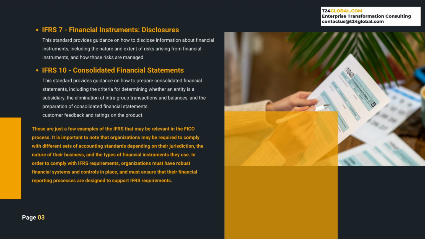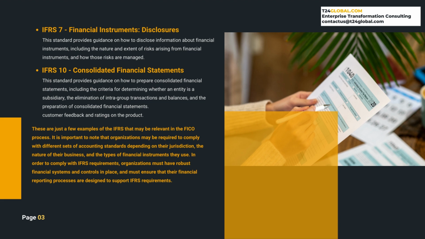6. IFRS 10 for consolidated financial statements. This standard provides guidance on how to prepare consolidated financial statements, including the criteria for determining whether an entity is a subsidiary, the elimination of intragroup transactions and balances, and the preparation of consolidated financial statements.